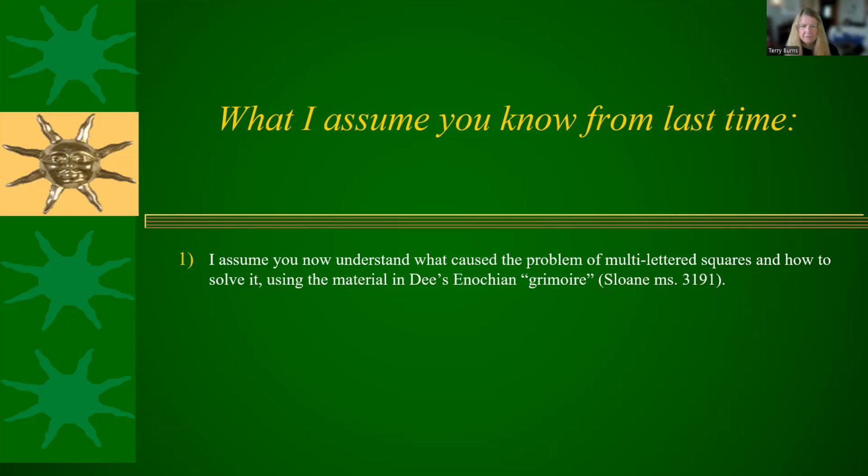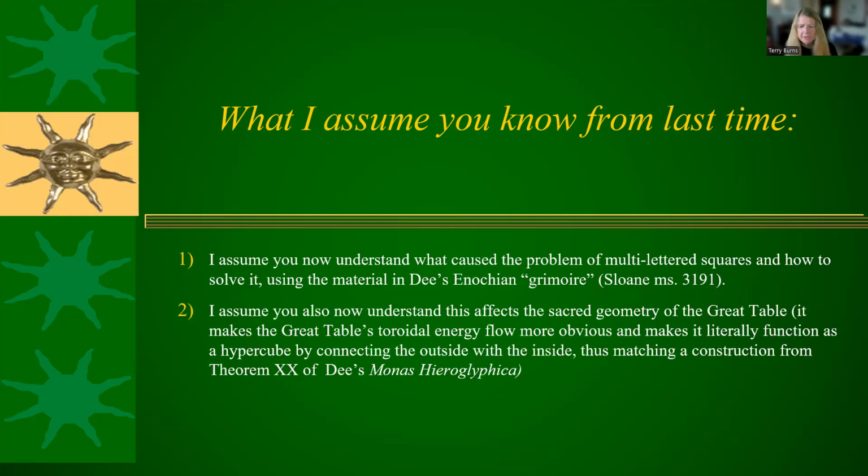For one thing, it's extremely neat handwriting, and his chronological diary is very difficult to read. But we paid particular attention to a series of 4 grids in there. And then we also looked at the tabled out governors to a lesser degree. So I assume that you now know how this affects the sacred geometry of the Great Table.